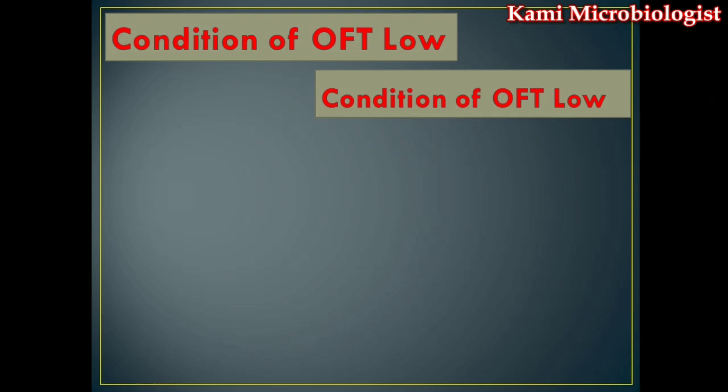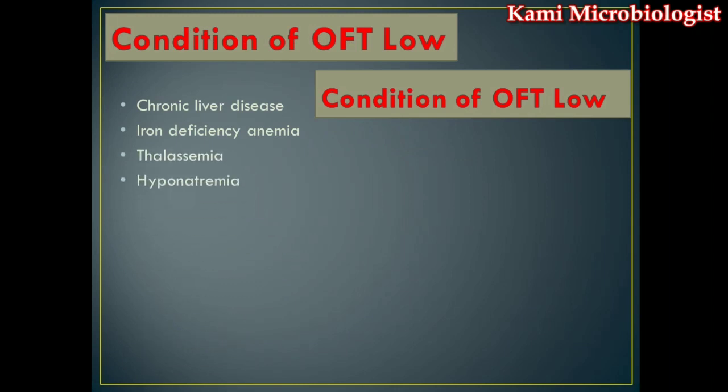Then we have some conditions in which osmotic fragility is low and high. First, chronic liver disease, in which osmotic fragility is low. We also have iron deficiency anemia, thalassemia, hyponatremia, polycythemia vera, and sickle cell anemia after splenectomy.